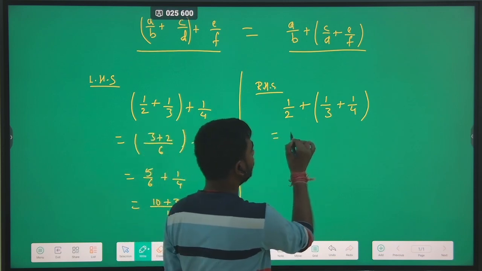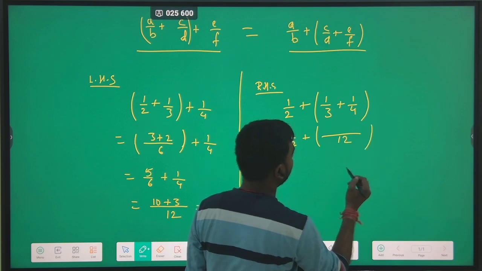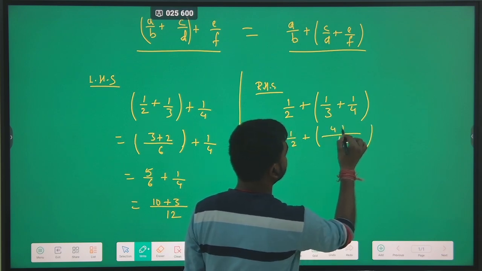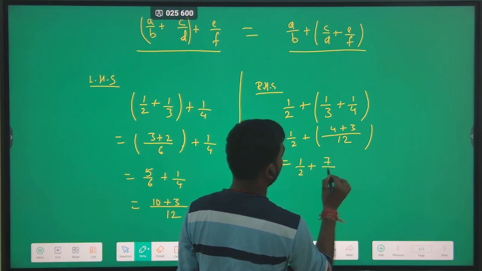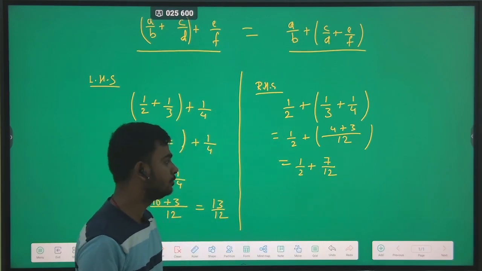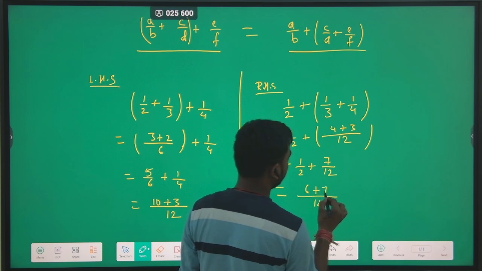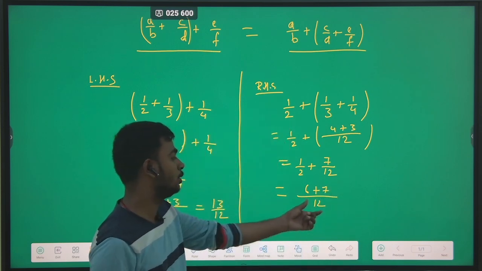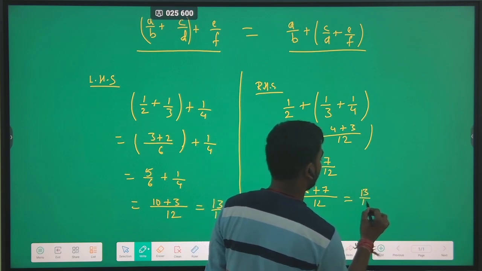So 1 by 2 will be added with, the LCM of 3 and 4 will be 12, and we will get 4 plus 3 in the numerator. So the value will be 1 by 2 plus 7 upon 12. Okay. The LCM of 2 and 12 will be 12. We will get 6 plus 7 in the numerator, and in the denominator we will get 12. So the value will be 13 upon 12.